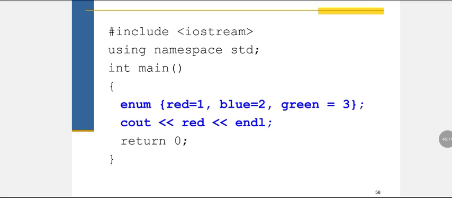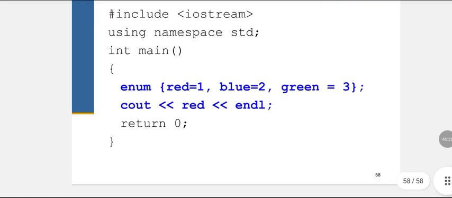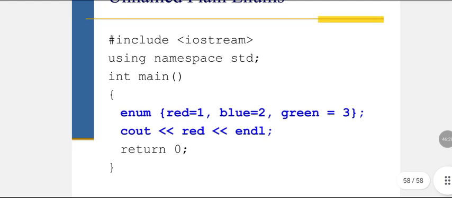Then in our second line we have cout red. If we execute it, the red will give you a value of 1. The blue gives a value of 2, and the green gives the value of 3.